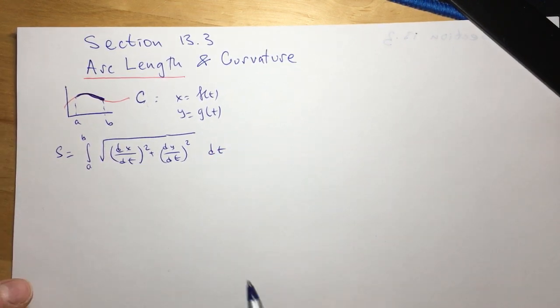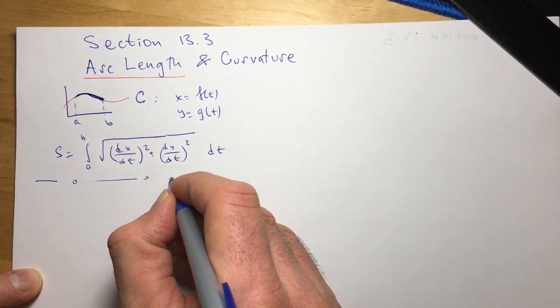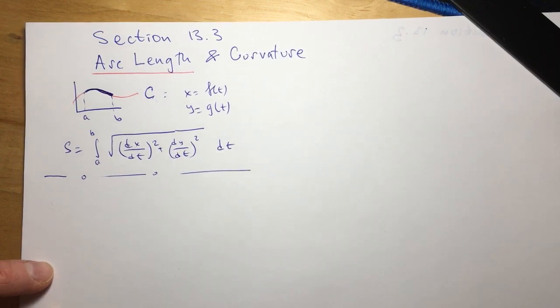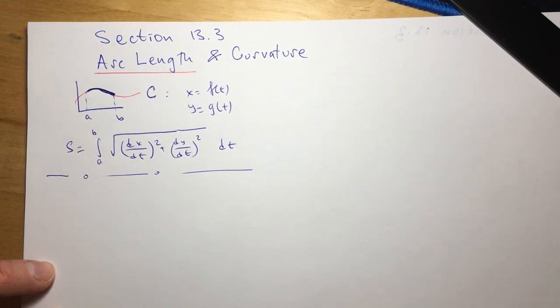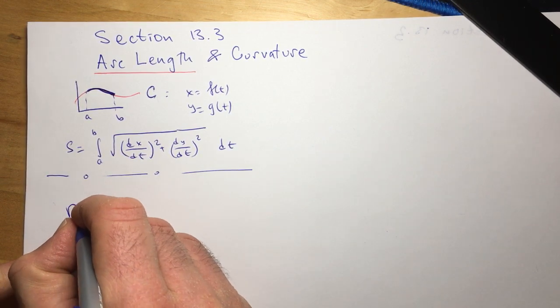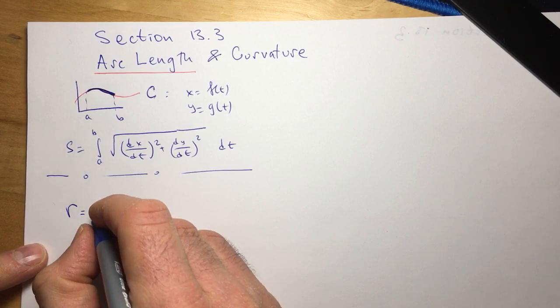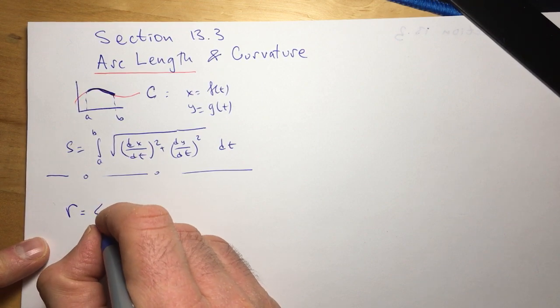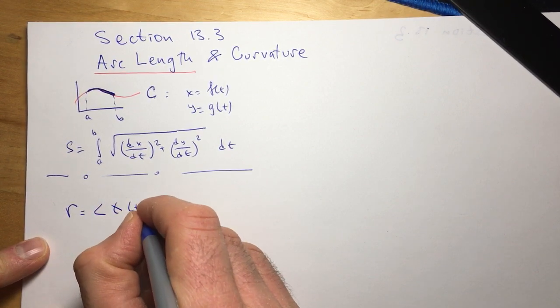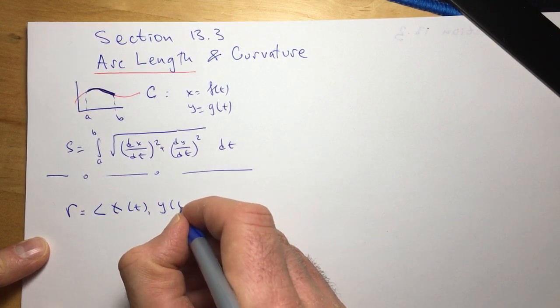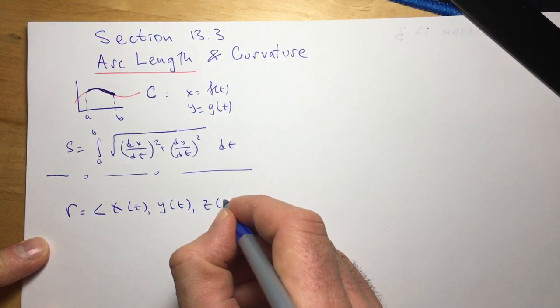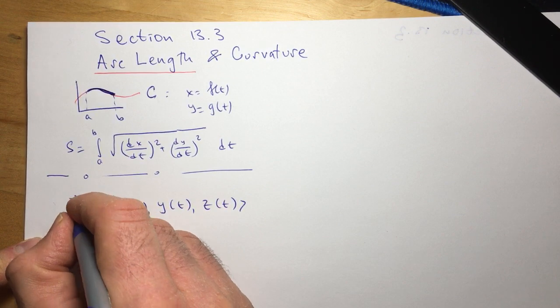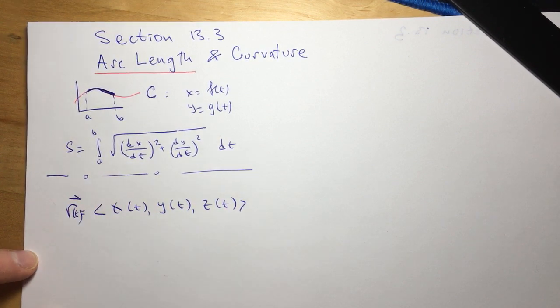We extend the same idea when we talk about vector functions. So let us say that r is the vector function defined as x of t, y of t, z of t. This is a vector function, r of t, of course.